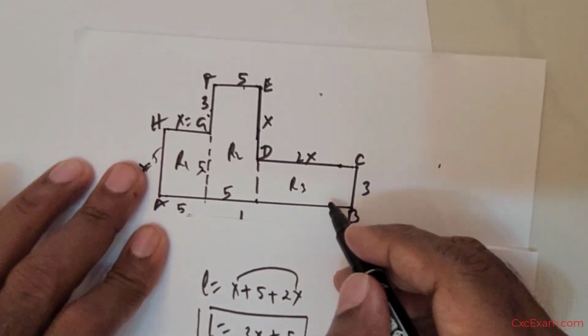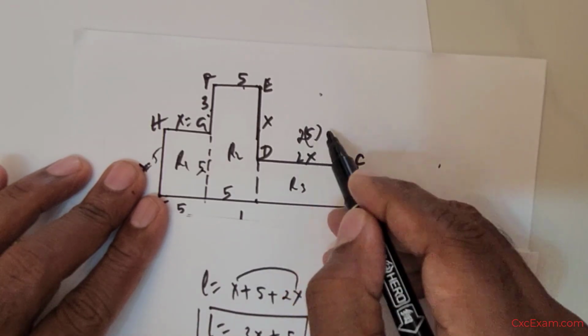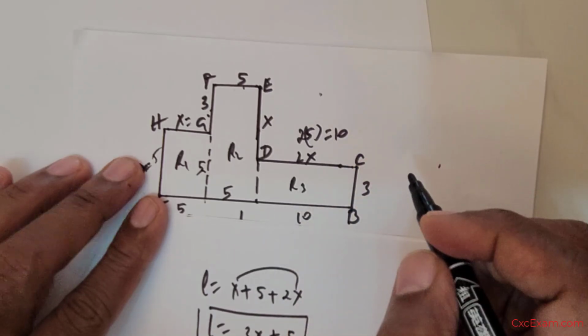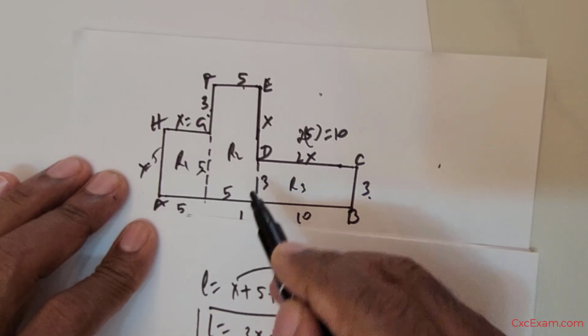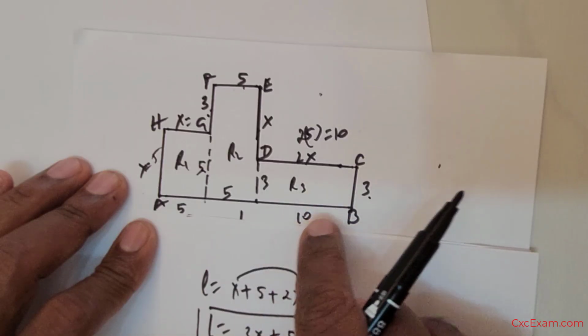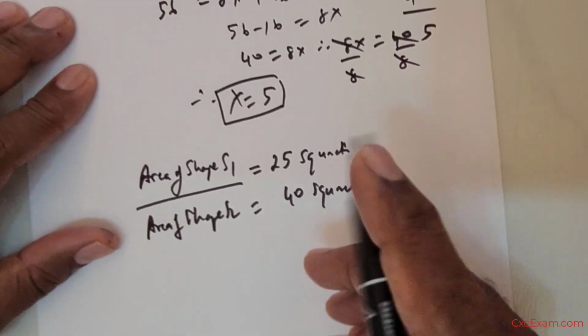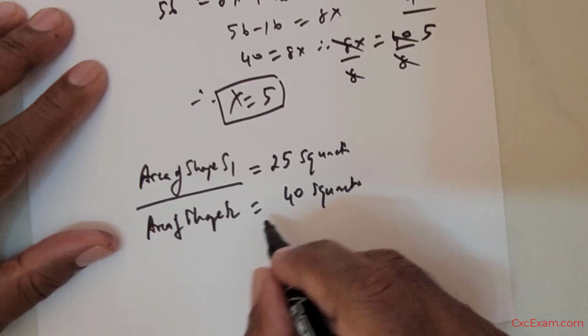Now you have the last one. So in the last one, x is equal to 5. So 2 times 5 is equal to 10 units. So this is 10 and this is 10. And this is 3. So this portion will be 3. Right. So we have got 10 times 3, 30. So let me write that down.